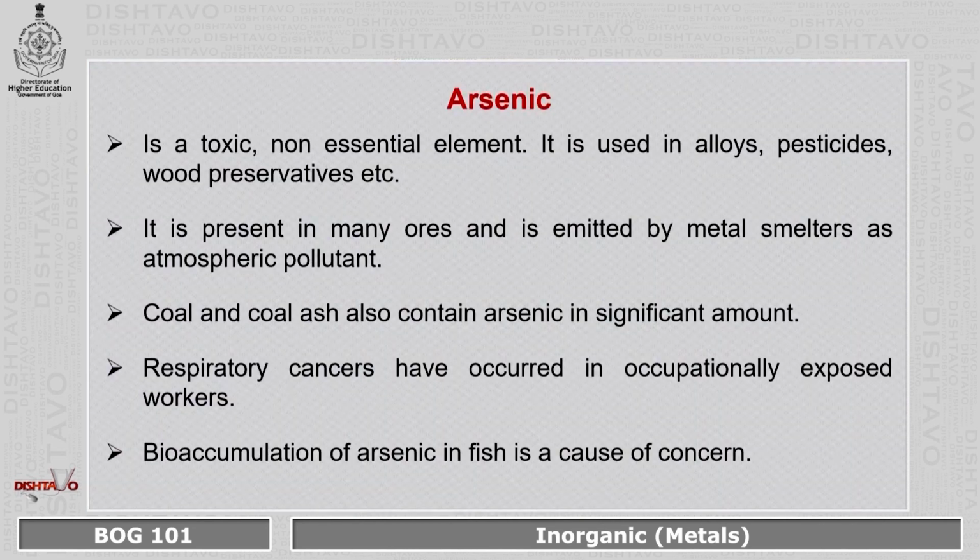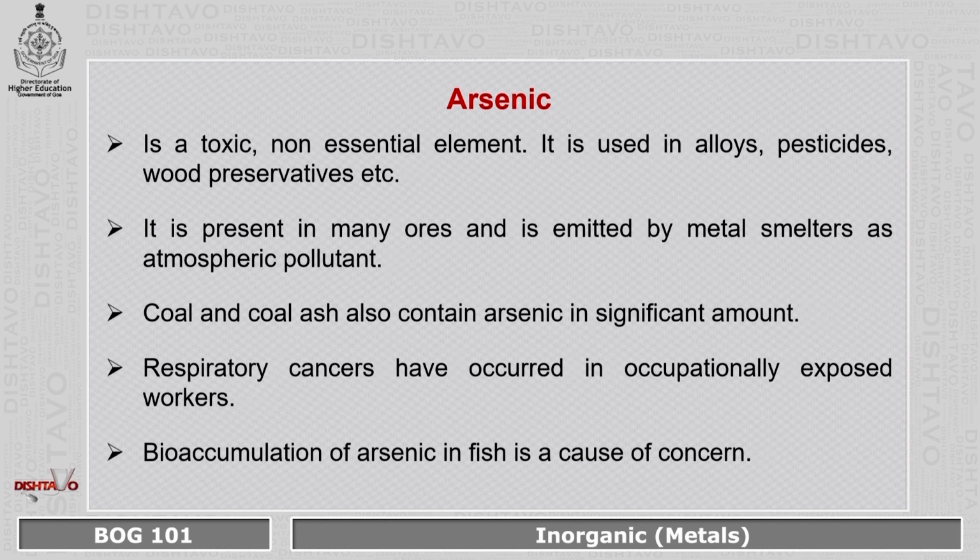So different metals will have different toxicological properties. Let's look at some of the common heavy metals, their toxic effects and their sources in nature. Arsenic is a toxic non-essential element. It is used mostly in alloys, pesticides, wood preservatives. It is present in many ores and it is emitted by metal smelters in the atmosphere as an atmospheric pollutant.